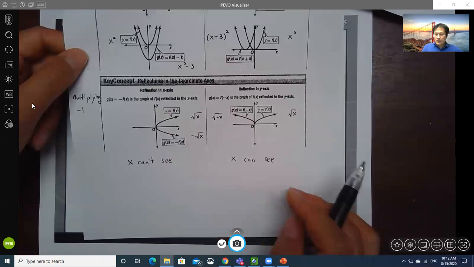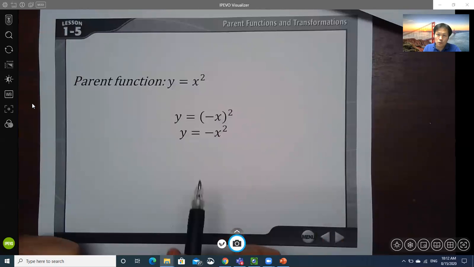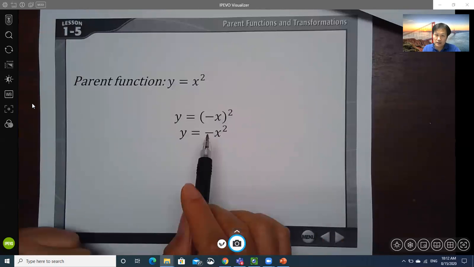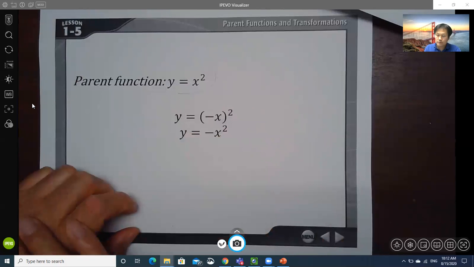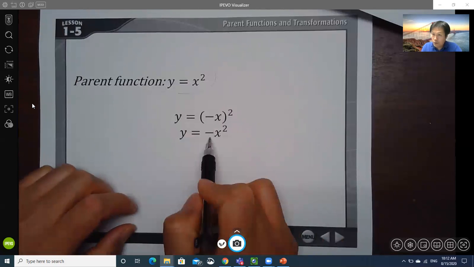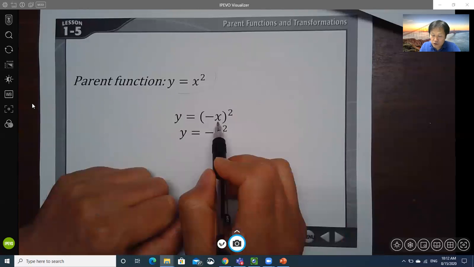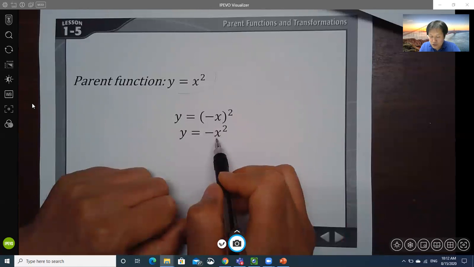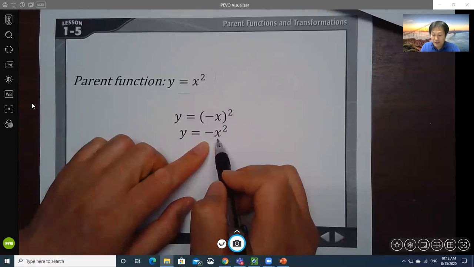So if I ask you, one is a reflection over y, one is a reflection over the x-axis. Let's say given a parent function like y equal to x squared. So we multiply by -1, we multiply by -1, both of them. My question is, do you think x can see -1 here? Yes or no? Here, the answer should be no. X cannot see -1.